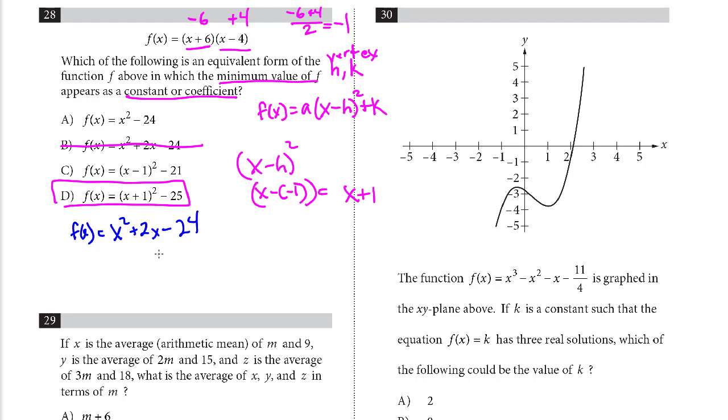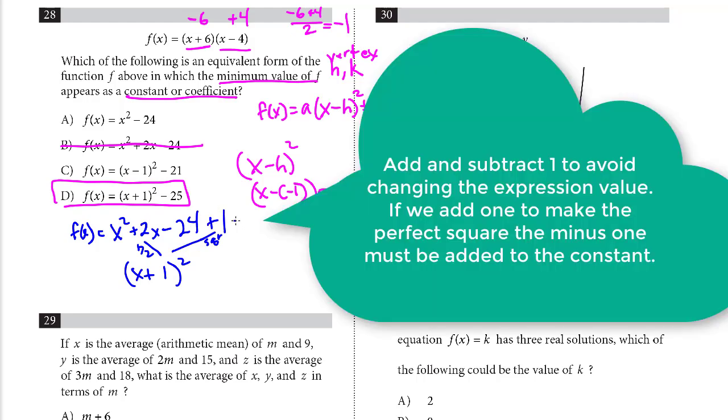Well, I'd have the coefficient of 2, halve that, and that becomes 1. So x plus 1 is my perfect square. And I want to add the square of that half, or of that 1 really, which is plus 1. And of course, I also would have to add in the minus 1.